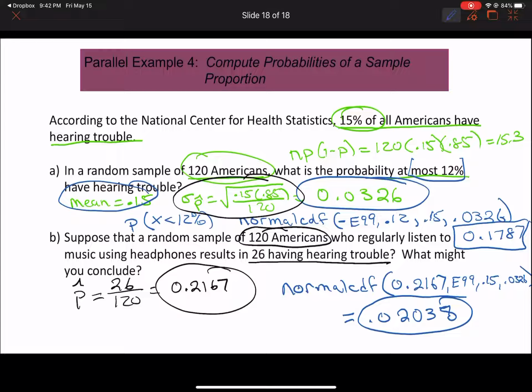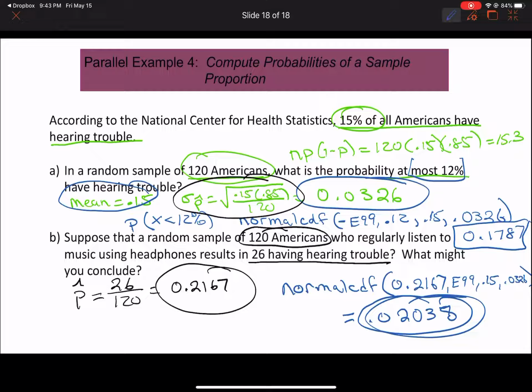That means if I took 100 of these random samples of 120 Americans and found the p-hat of each of them, I would only expect 2 of them to have the higher hearing trouble. So there's only a 2% probability that it would have that much hearing loss or more.